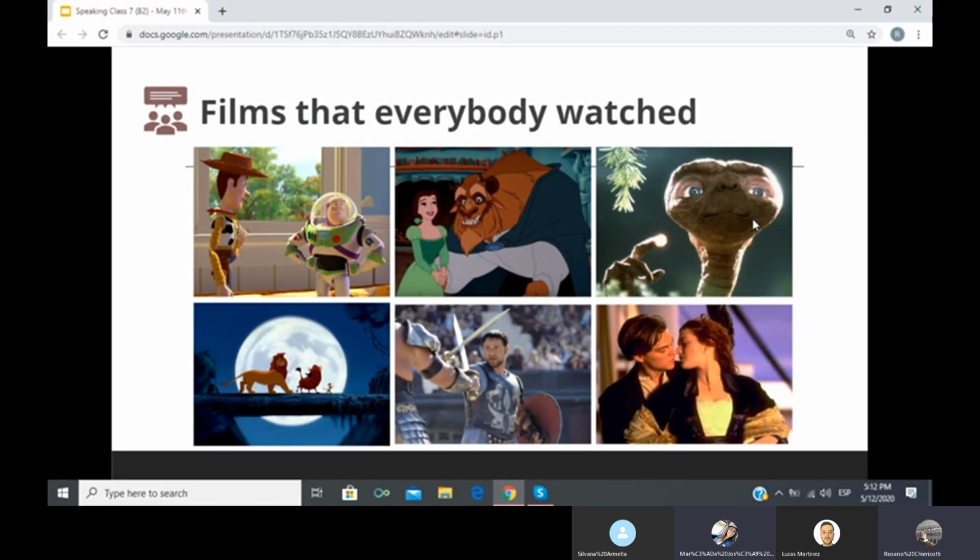It's the story of an alien who came to the earth and became friends with a child. Very good. Excellent. And then they begin to have similar feelings.